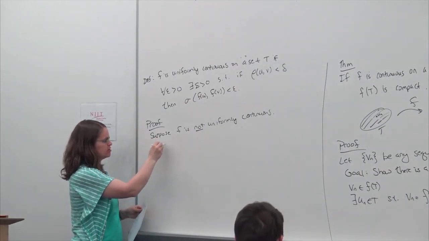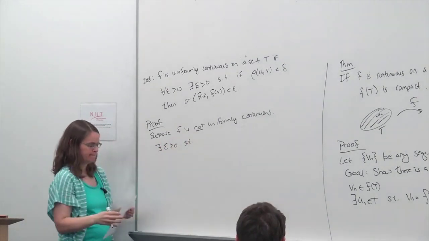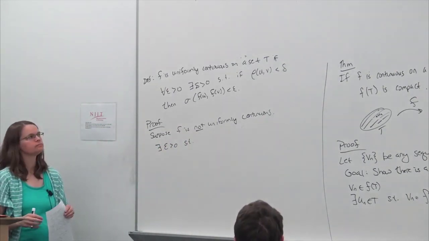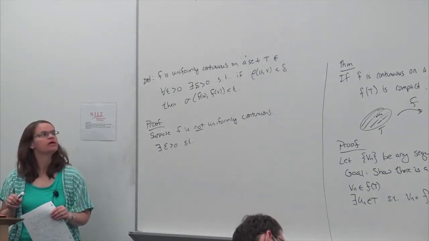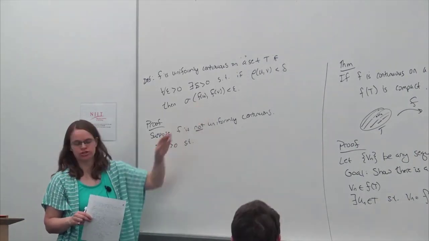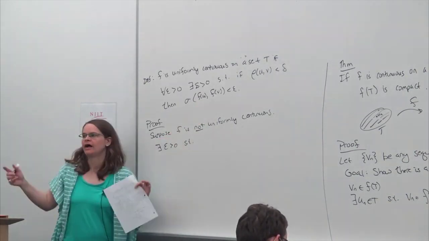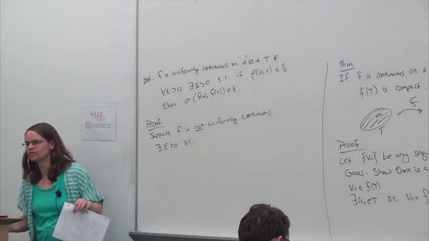It means there exists some epsilon bigger than 0, such that no matter how small delta gets, I can always manage to violate this condition. I like doing things in terms of sequences, so let's get used to that.